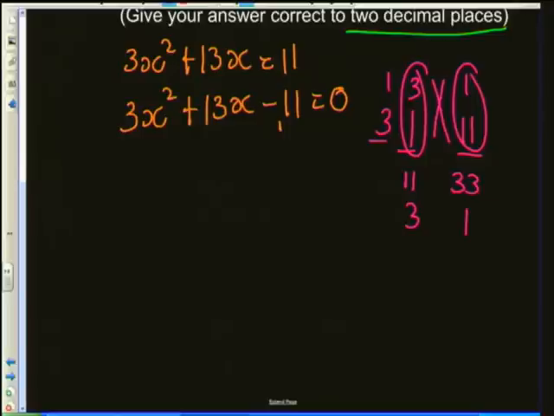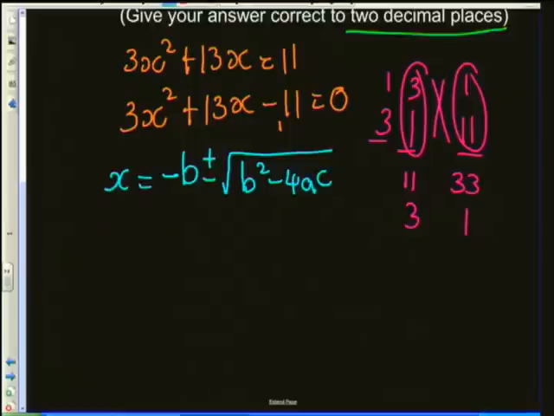So what does the quadratic formula say? It says that, let's just write that in blue, x will be equal to -b plus or minus the square root of b squared minus 4ac all over 2a. And what I need to do is just substitute values now.